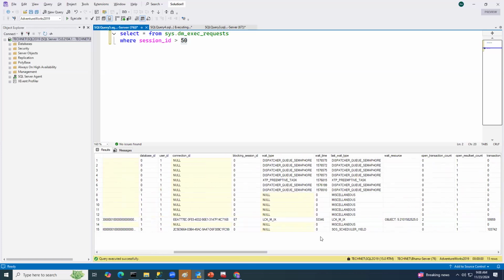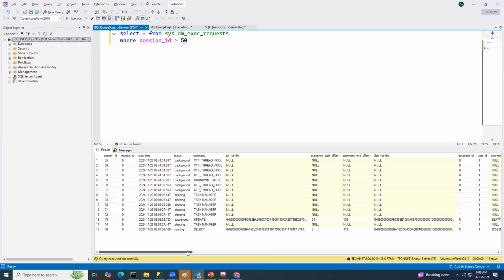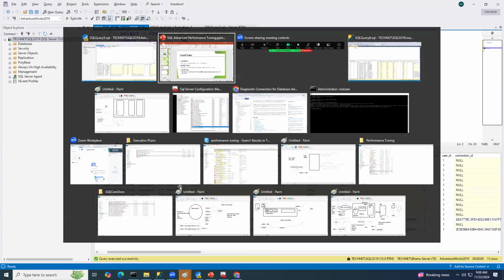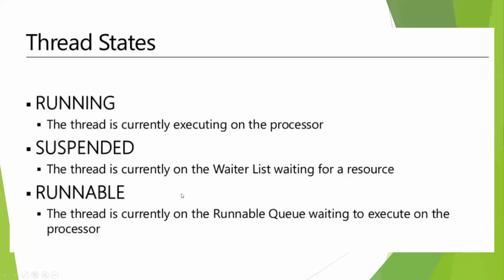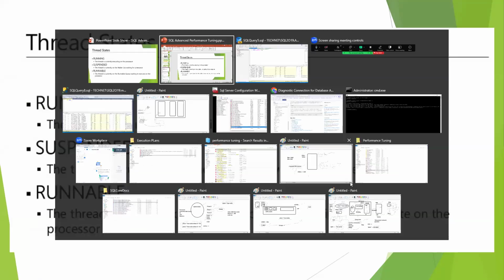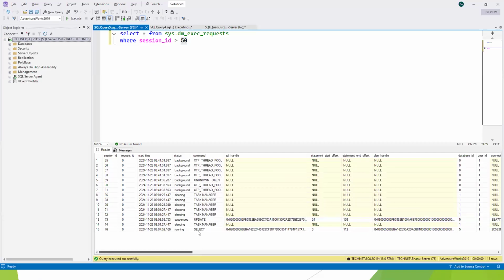So it is waiting for a lock. It is basically locked, right? A thread is currently on the waiter list waiting for a resource. That is where you see that it is suspended. So where is the session suspended? It is 73.